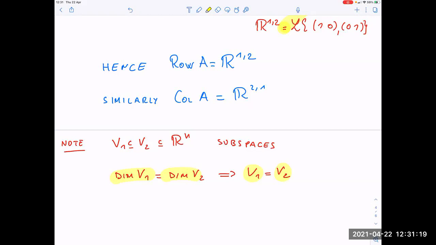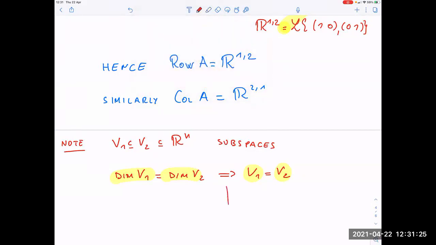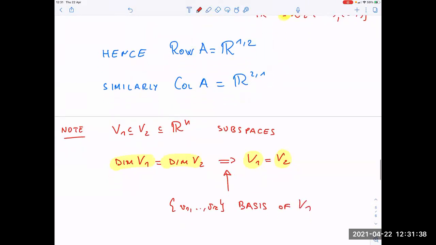Okay, so why is this the case? It's very simple. This is true because v1, ..., vr, a basis of V1, is also a basis of V2 because they have the same dimension.